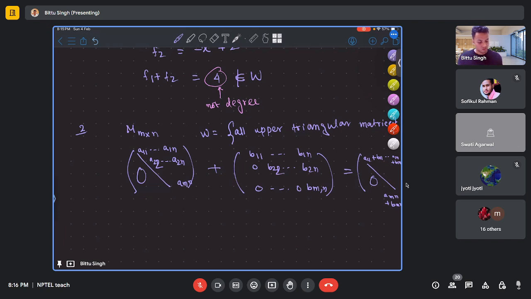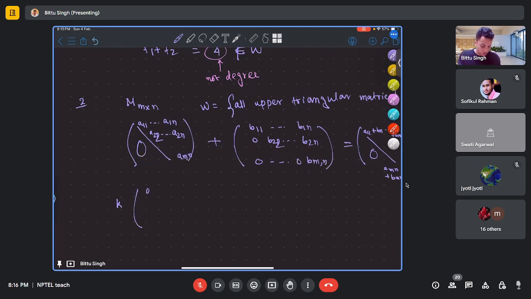So we can see that the sum of two upper triangular matrices must be an upper triangular matrix. Similarly, a scalar times this upper triangular matrix a11, a12 up to a1n, 0, a22 up to a2n, and so on, down to 0, 0, ann, is also upper triangular.